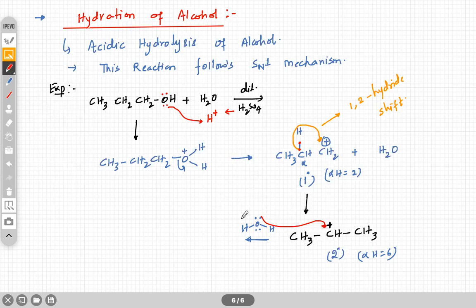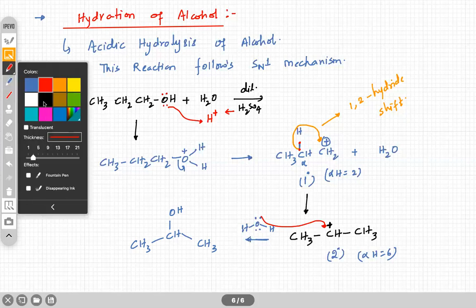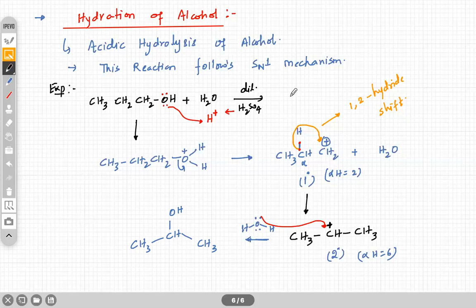Then H plus goes out, and we get OH over here. So the final product of this reaction is CH3, CH, CH3, and OH here. Finally, you'll get a 2-degree alcohol. This is the mechanism I have discussed, and the product is this one, in bond line structure.